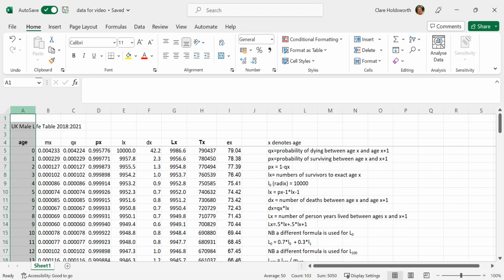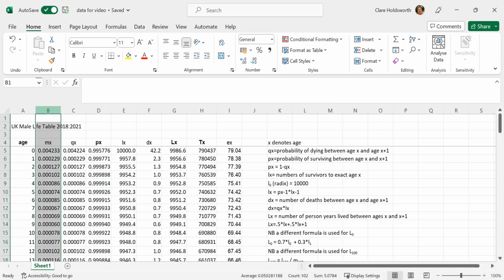So the first column is simply the age, and you also see that on this last column here I've given an outline of what the different notations stand for, and you can see that in a life table x always stands for age. It'll become obvious hopefully how that works in a life table in a minute.